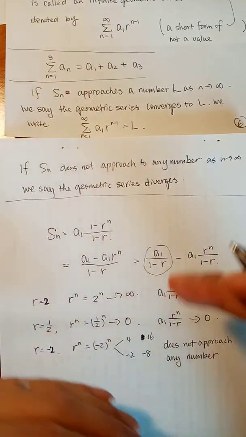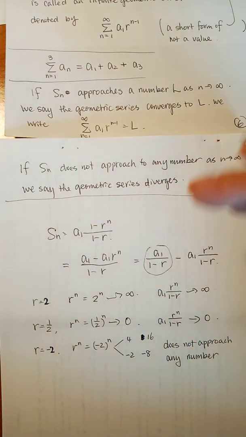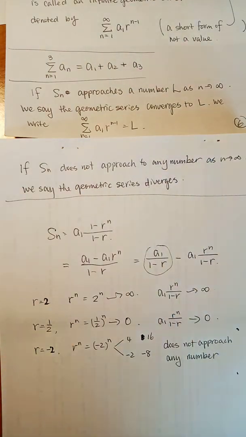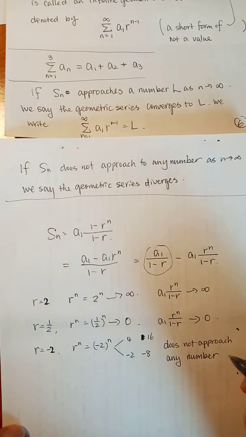Because it's positive, negative, but it increases further. It goes here, here, here, like this way. It goes up and down, and this wave becomes bigger and bigger. So it does not approach any number. So it diverges.